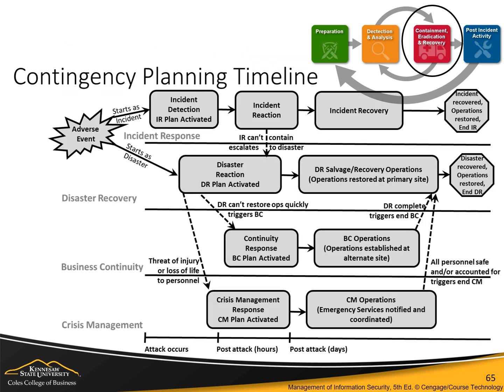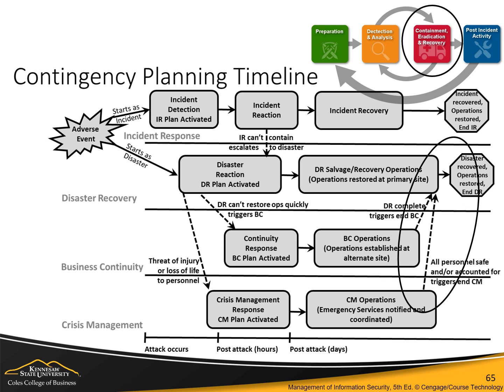Let's look back at our timeline of activities. Recall that when an incident is escalated to disaster or starts as a disaster, then the disaster recovery plan kicks in. If the disaster recovery team cannot handle it, then business continuity takes effect.